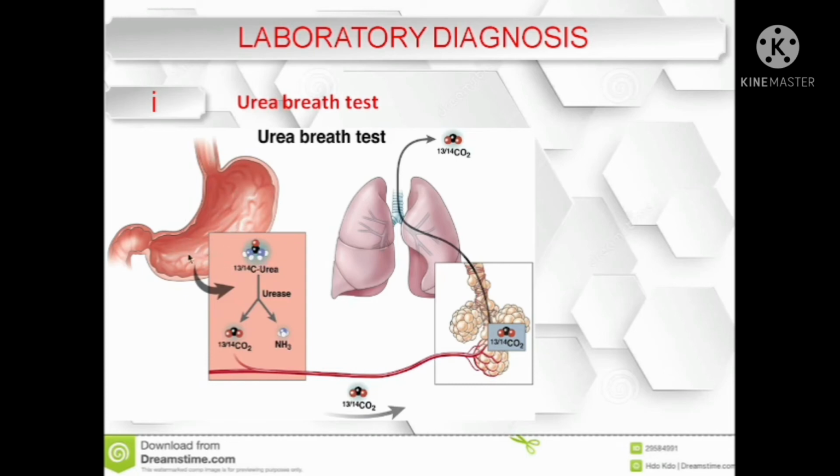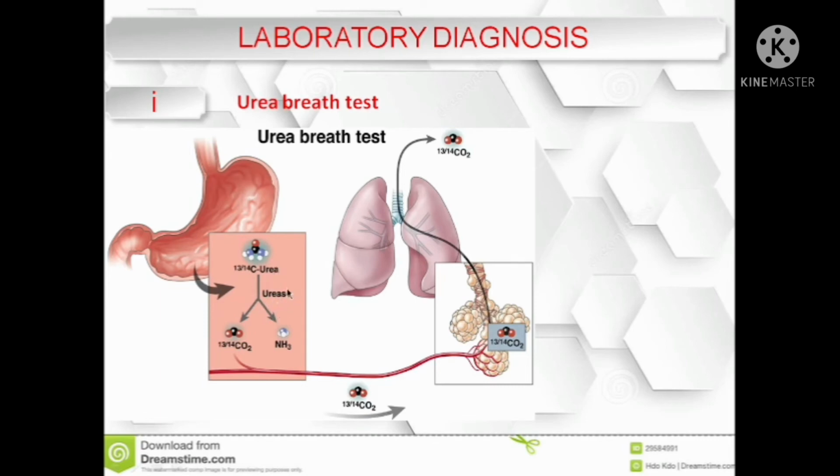Now, if H. pylori is present in the stomach, H. pylori will split the urea via the bacterial urease. Actually, it's an enzyme.